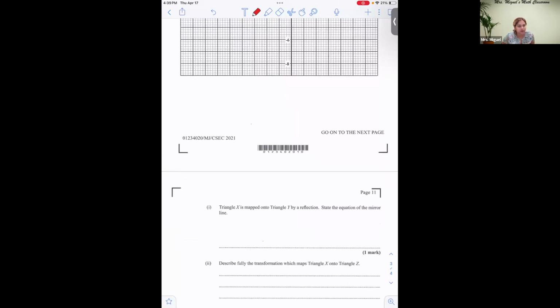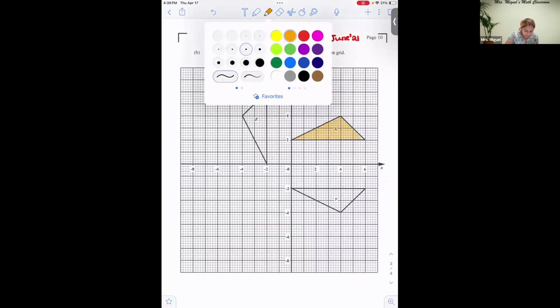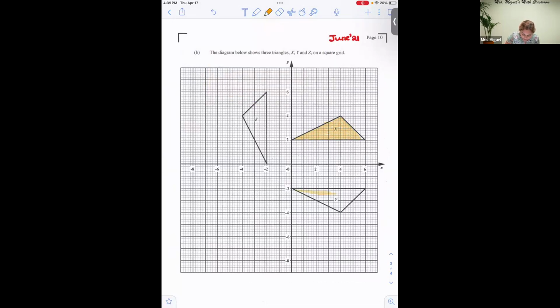State the equation of the mirror line. So triangle X is mapped onto triangle Y by reflection, sorry. State the equation of the line.